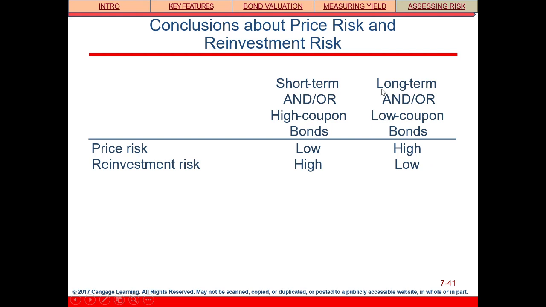Or you can even mix, let's say a short-term and low coupon bond. Then in this case, if it's short-term, you're going to have high reinvestment risk. If it's a low coupon bond, then you will have high price risk, right?